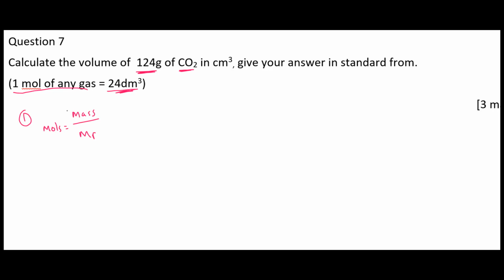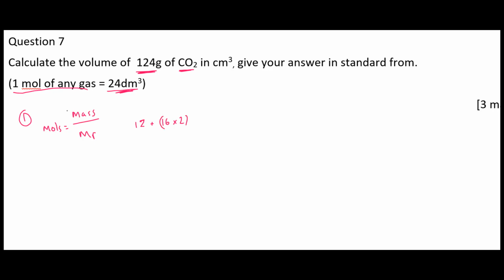So if you look at the periodic table, you will notice that carbon has a relative atomic mass of 12, and oxygen has a relative atomic mass of 16, but there are two of them.